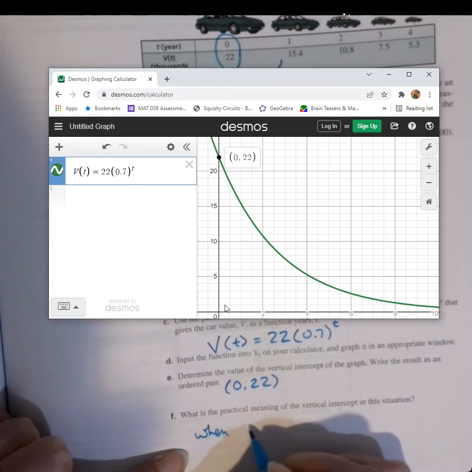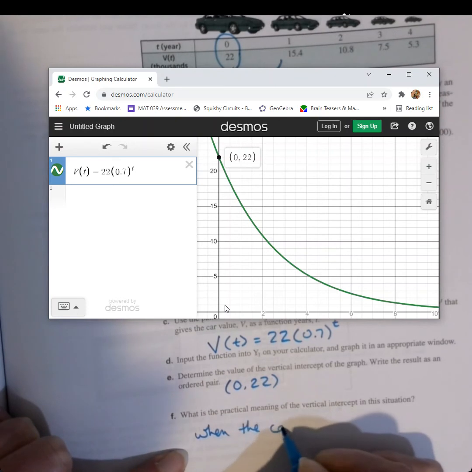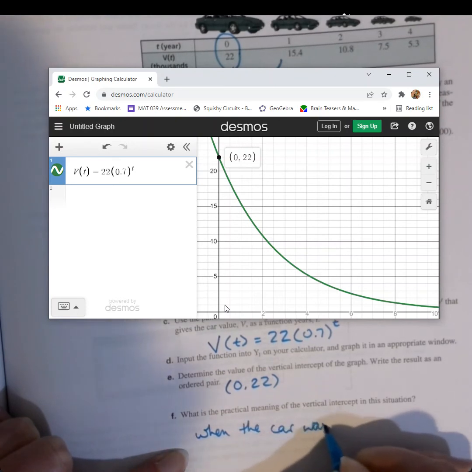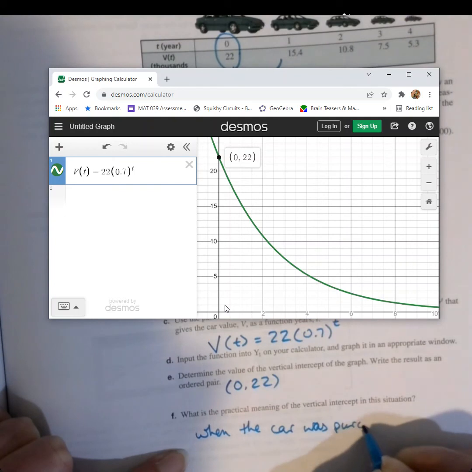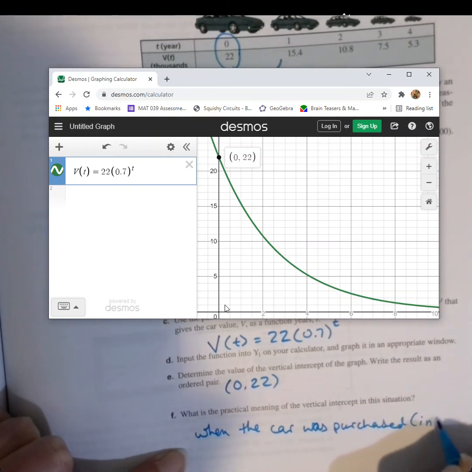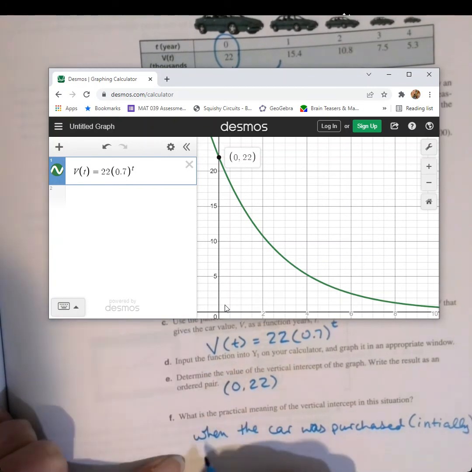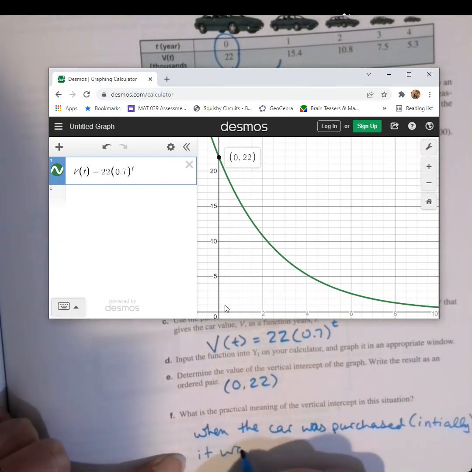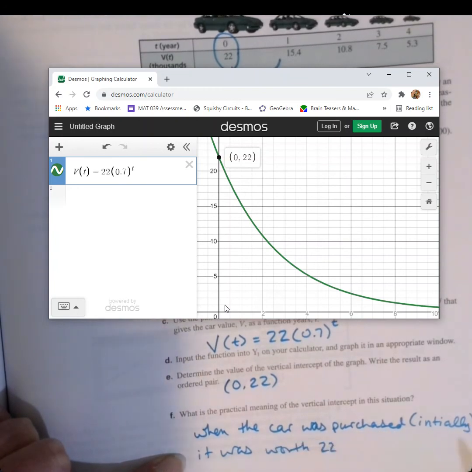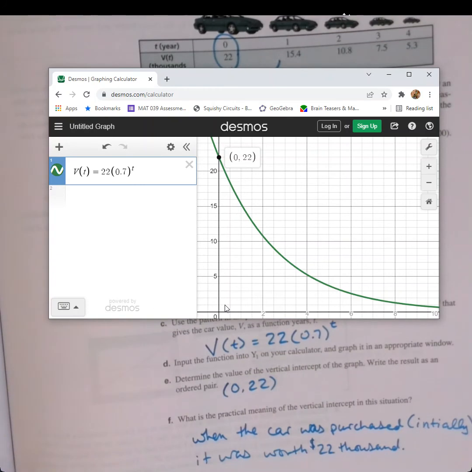So when the car was purchased, or you get rid of most of those words by saying initially, it was worth, and the 22, putting units back on it, means $22,000. You can write $22,000 or just 22,000.